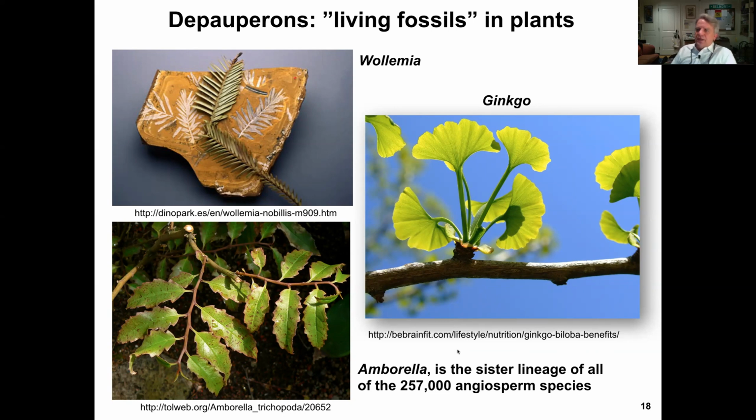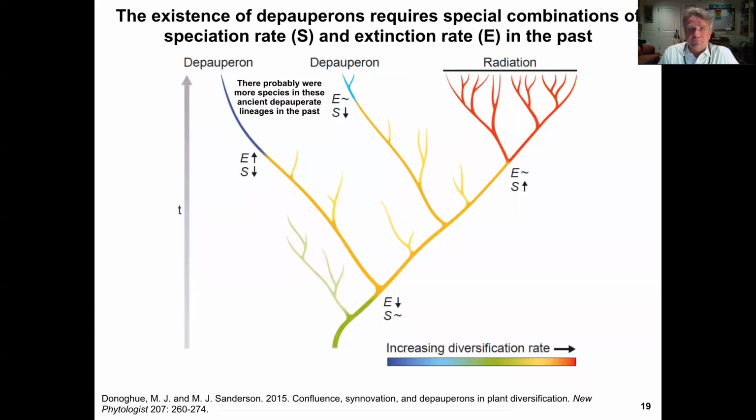So what we see in the tree of life is not only what we saw with the damselfly, where there was that species with that long naked branch, that's probably an interval of about, I don't know, 3 to 5 million years. Here we're dealing with long naked branches that span hundreds of millions of years.